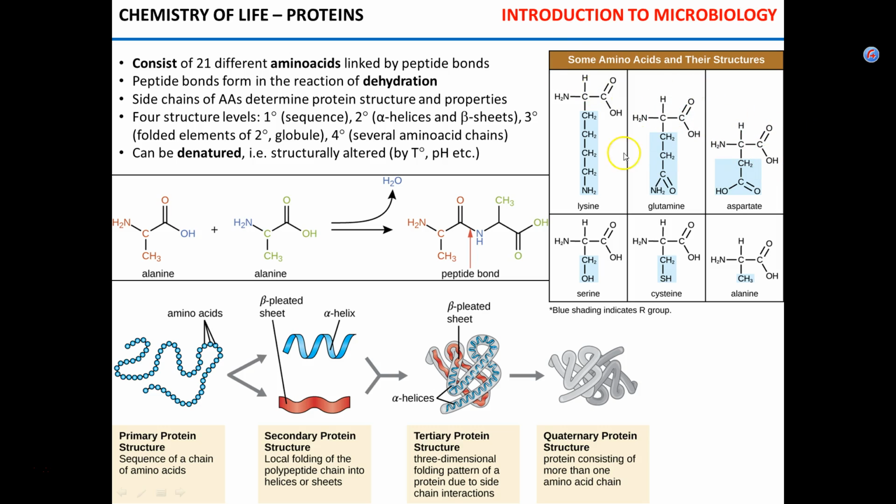But then you look, there's a side chain, and side chains are completely different between 21 amino acids. So the chemical structure of the side chains is what defines, in the end, the structure and the function of protein. Does that make sense to you?